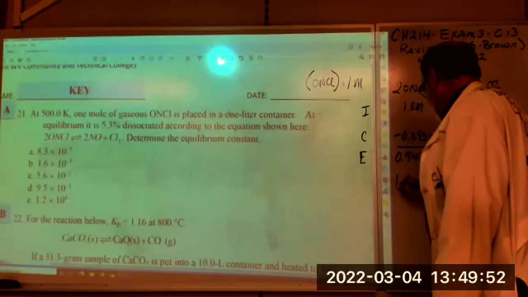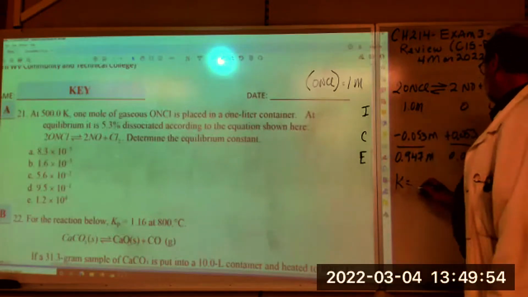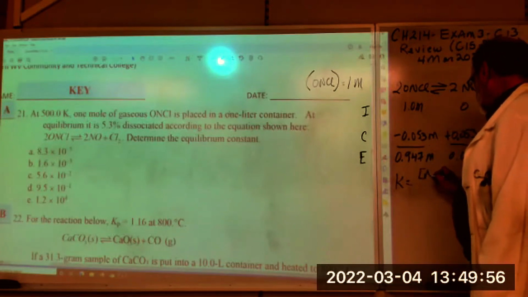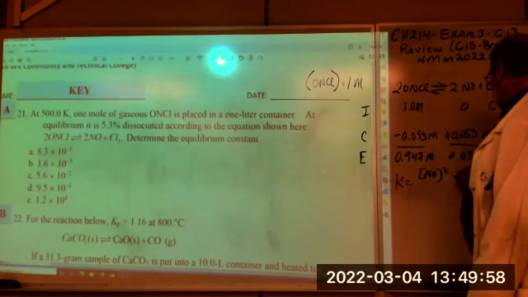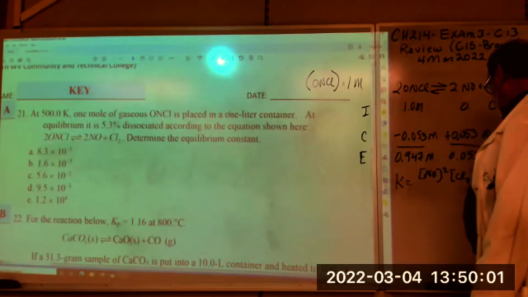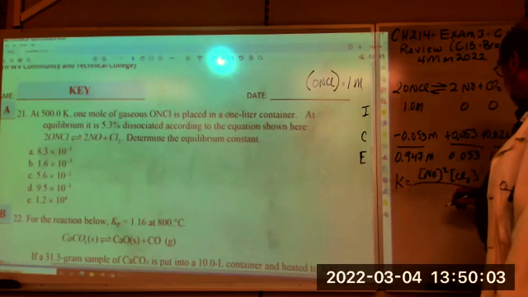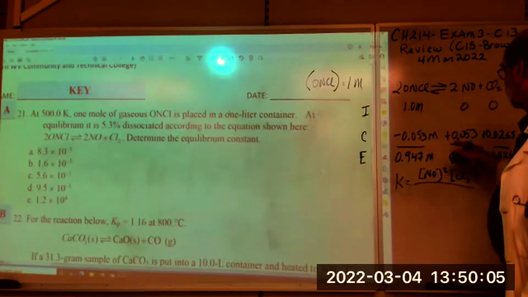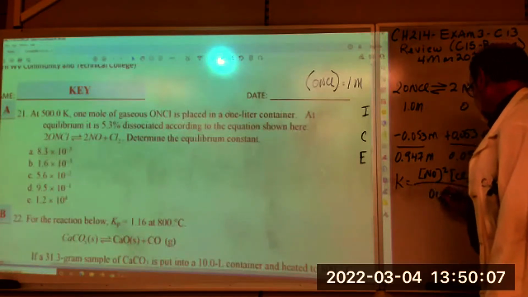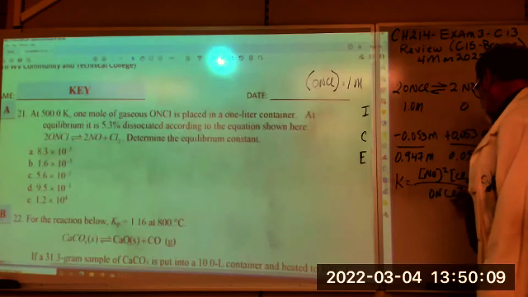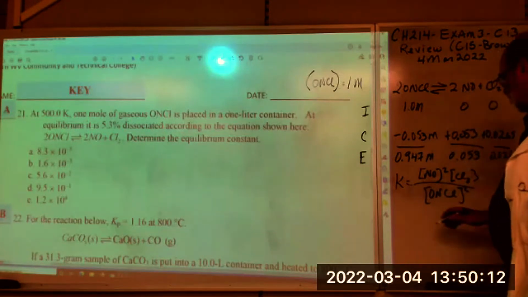Okay, so K is going to be concentration of NO squared, concentration of Cl2, first power, and concentration of ONCl squared.